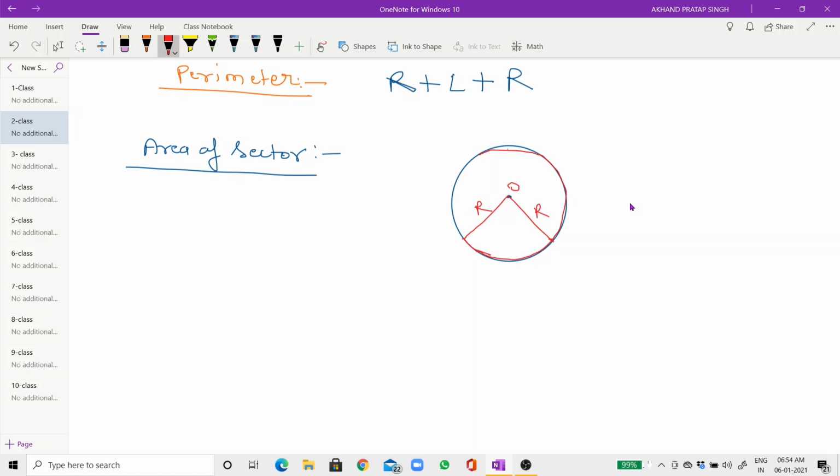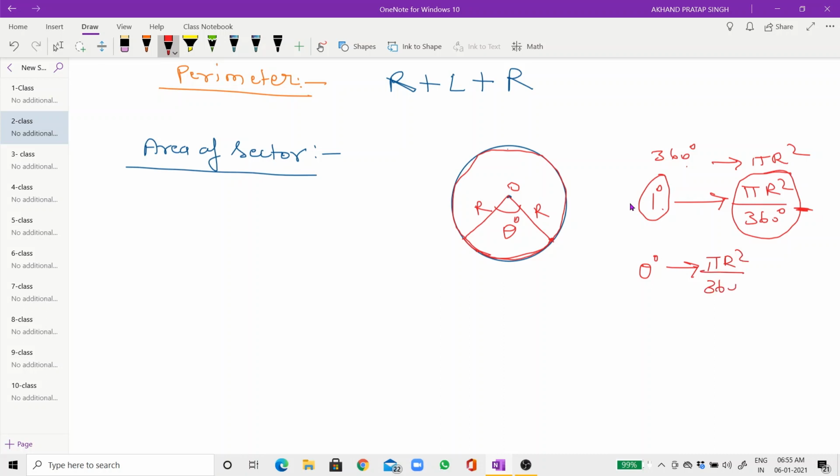So when the angle is 1 degree, the area is pi r square upon 360. Suppose the angle is theta degrees, then we multiply: pi r square upon 360 into theta.